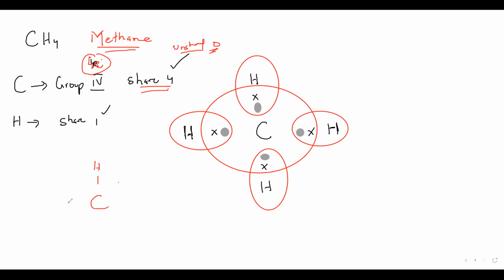So carbon is bonded with hydrogen, and this is a structure of methane or CH4. Yes, that's right. It's methane and it is a hydrocarbon. Why do we call it a hydrocarbon? Because it contains carbon and hydrogen only. Those compounds which have carbon and hydrogen are classified as hydrocarbons. Is it clear, the structure of methane?